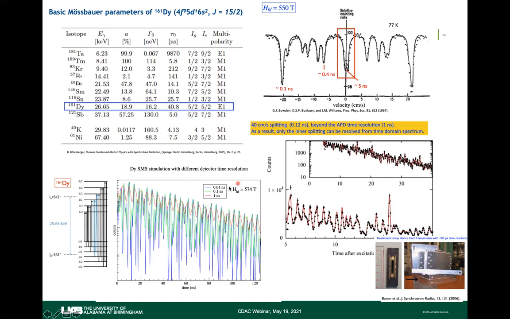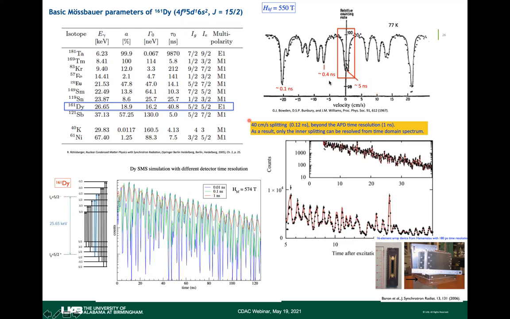This very large hyperfine field in the energy domain would spread out up to 20-something centimeters per second. If you estimate this energy separation in the time domain, the inner lines would give you about 5 nanosecond features.